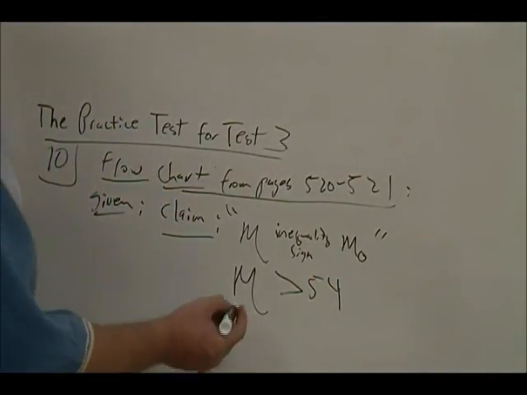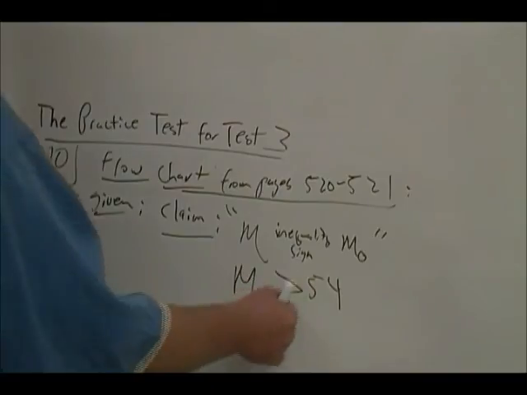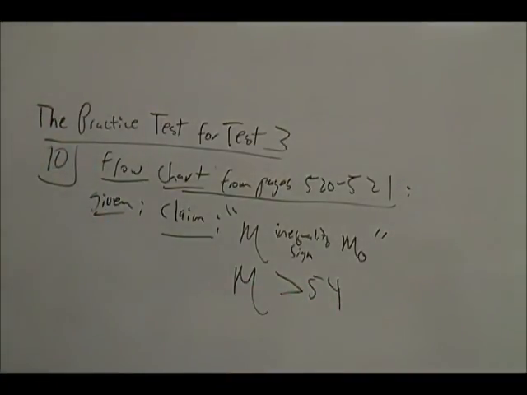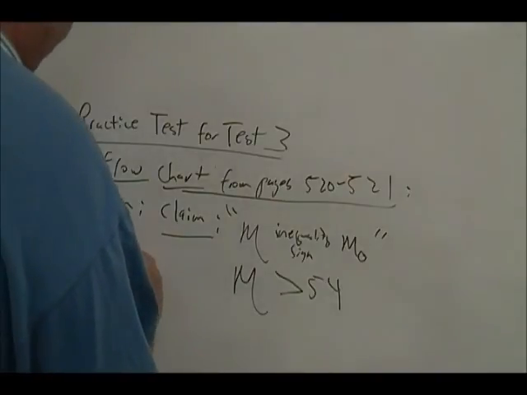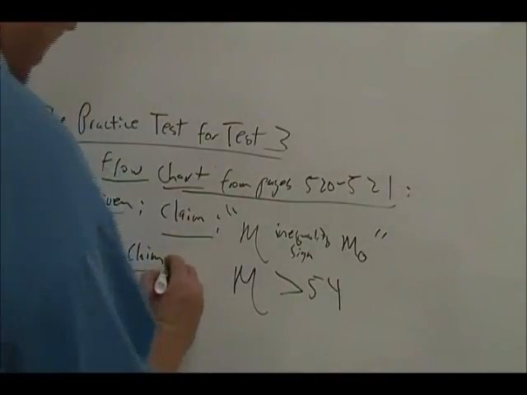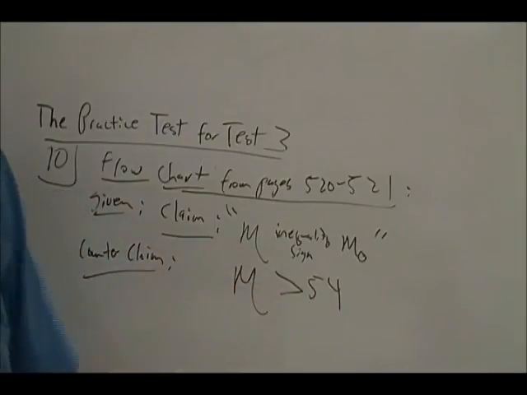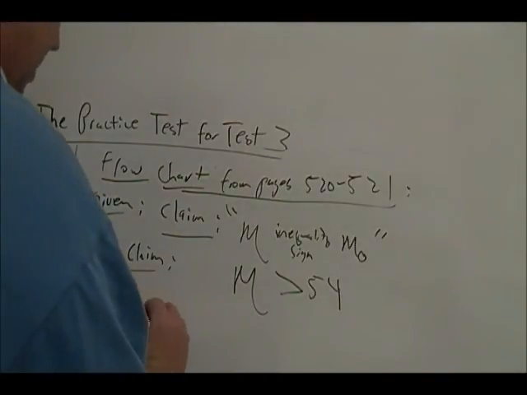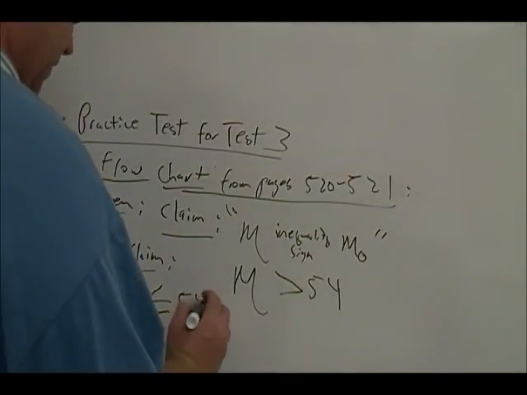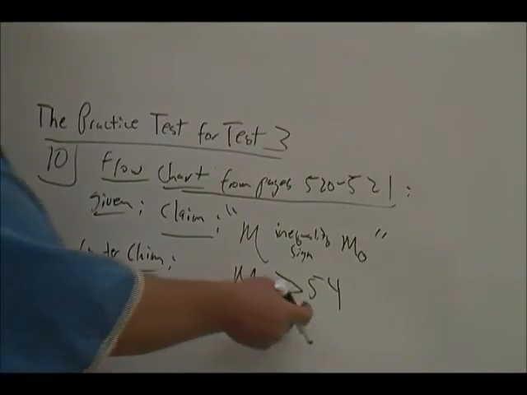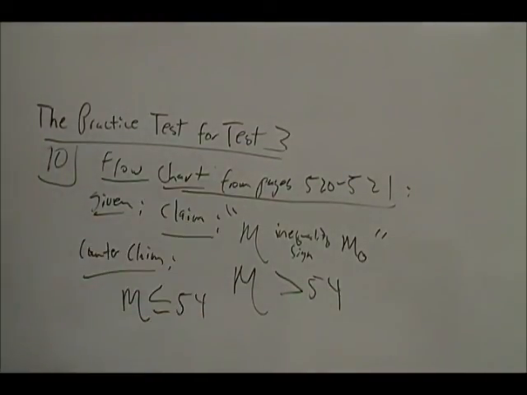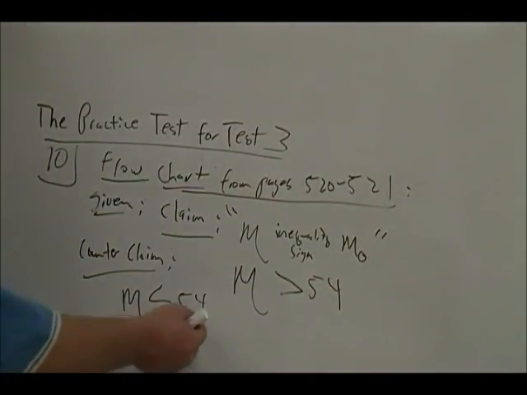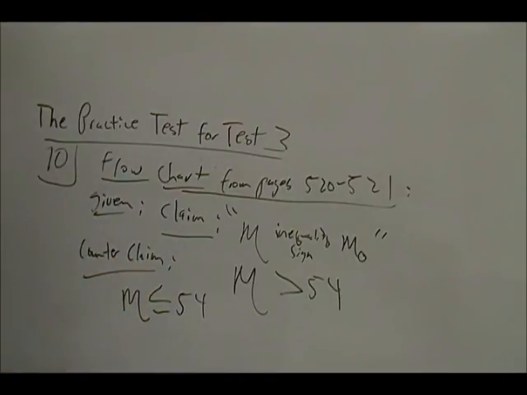So in symbolic language, the claim is just mu greater than 54, or mean greater than 54 hours. So what that means is the counterclaim, if the mean is not greater than 54 hours, what's the only other possibility? That's the counterclaim. That in symbolic language would then be mu is less than or equal to 54 hours. So either mu is greater than 54 hours, the claim, or what? Mu is less than or equal to 54 hours, and that's the counterclaim.